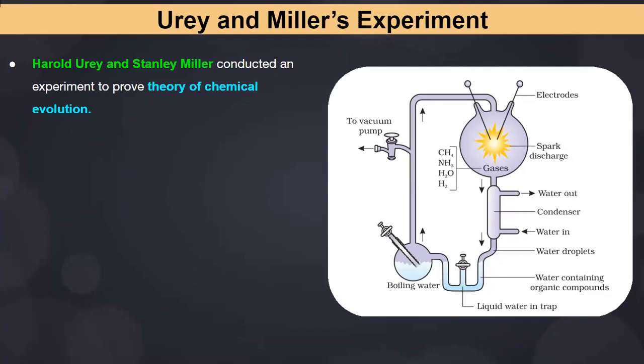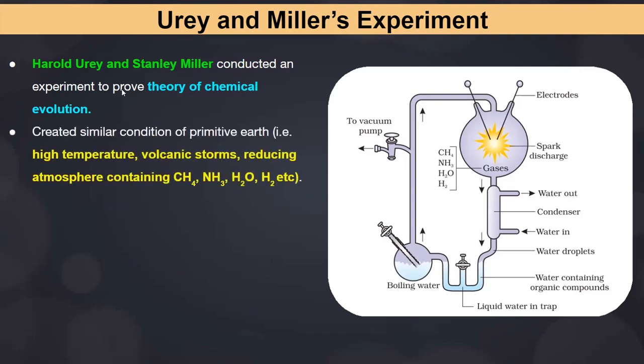So basically, they designed a setup, as you can see in the picture over here. An apparatus is set up. They tried to set up an environment, or simulate the prebiotic conditions that were put forth by the theory of chemical evolution. So basically, this experimental setup created conditions similar to the primitive Earth.